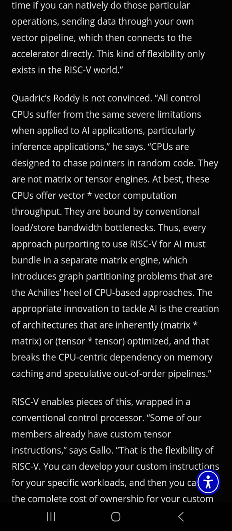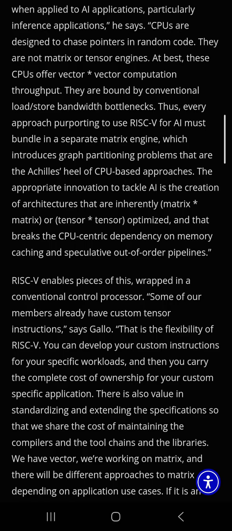They are bound by conventional load-store bandwidth bottlenecks. Thus, every approach purporting to use RISC-V for AI must add a separate matrix engine, which introduces graph partitioning problems that are the Achilles' heel of the CPU-based approaches.